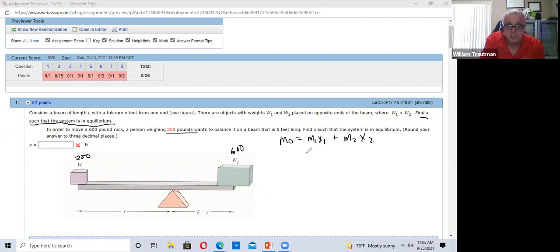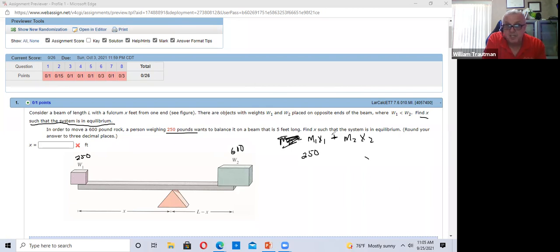The mass for this first one is 250. Actually, we just have to set them equal. We can just set these two equal, and then it will be balanced.